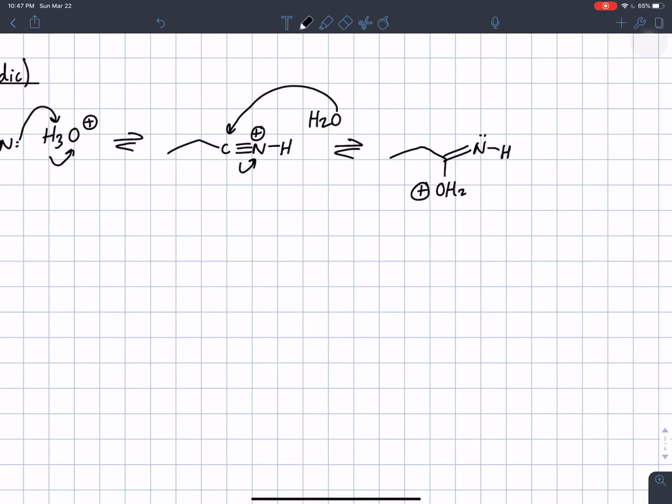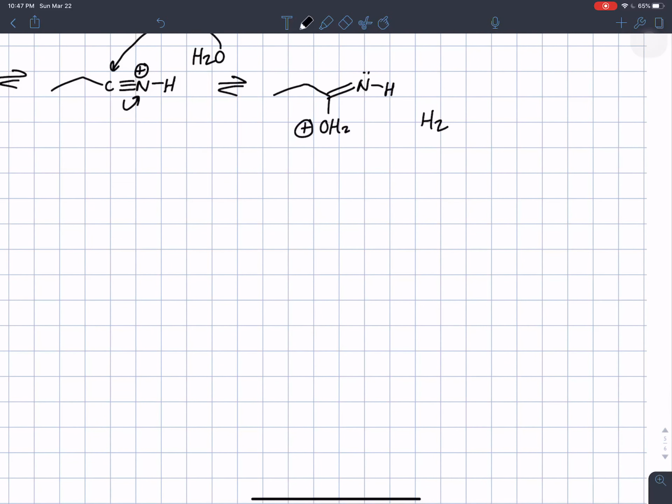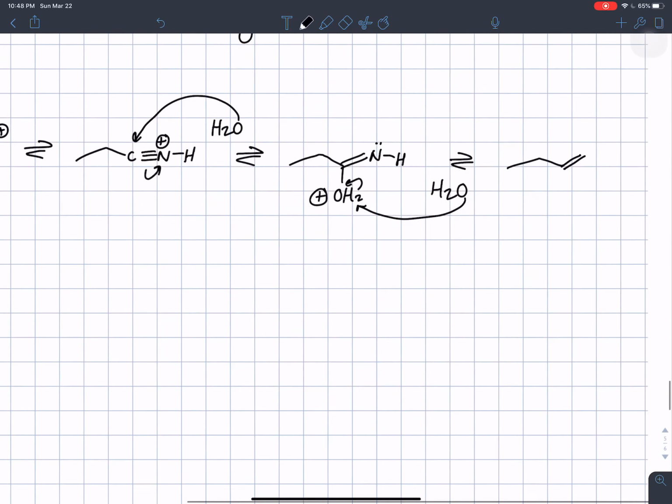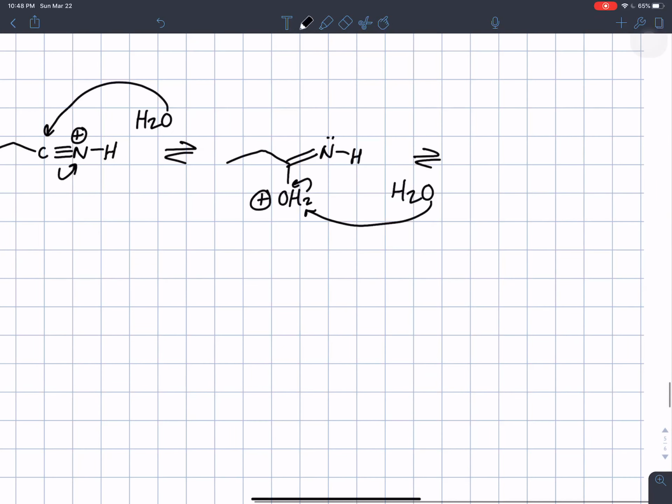Okay, now again, just like always, if you don't want the water to leave, you better deprotonate it. So we're going to use another water to deprotonate this. And we'll form N, H, OH.